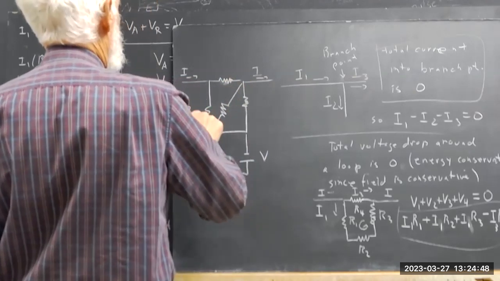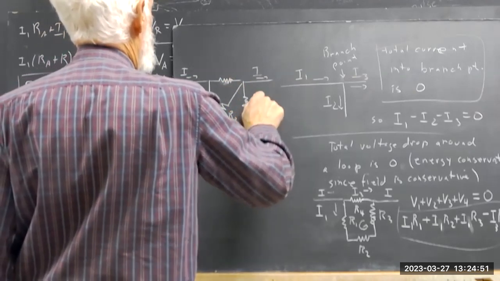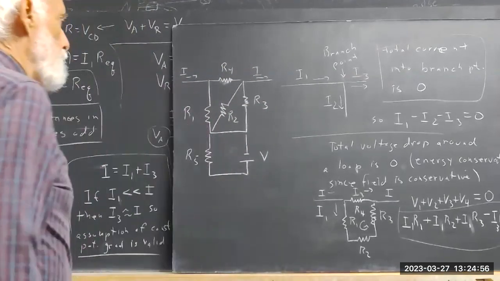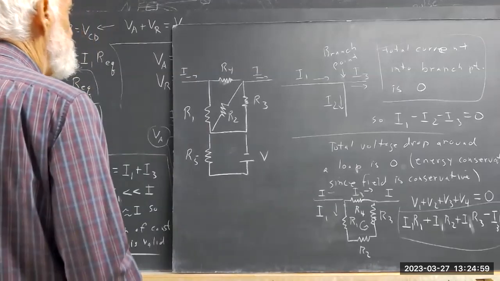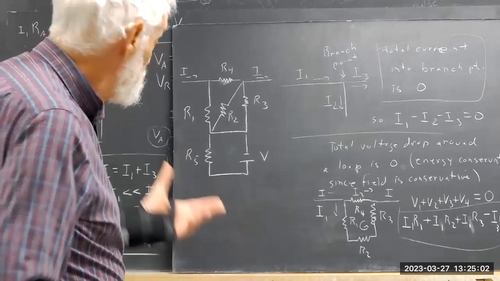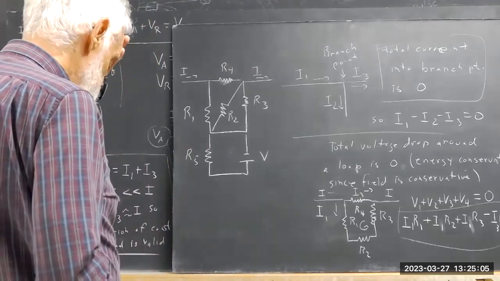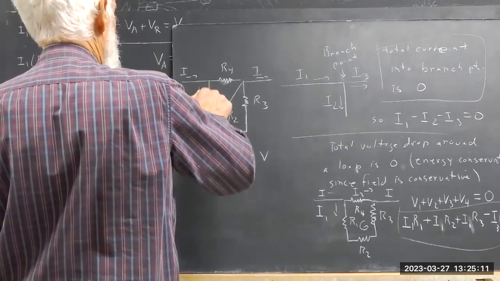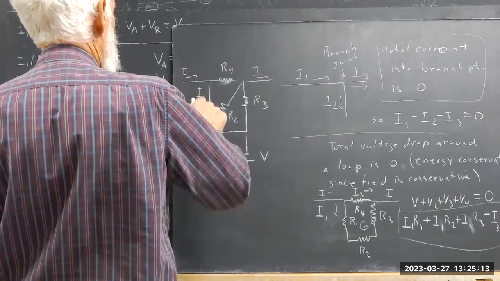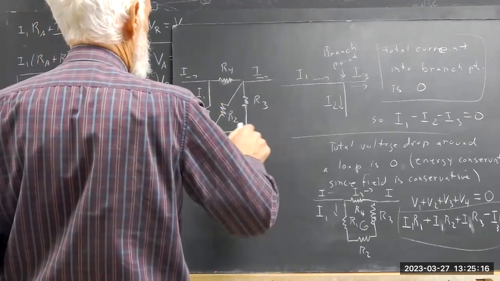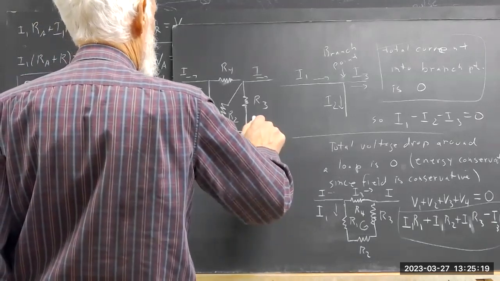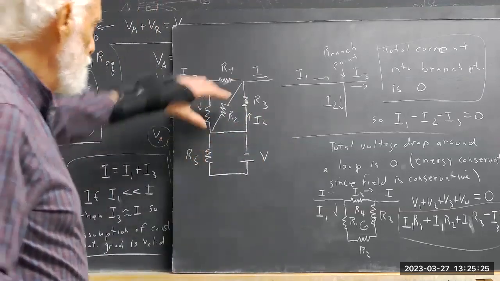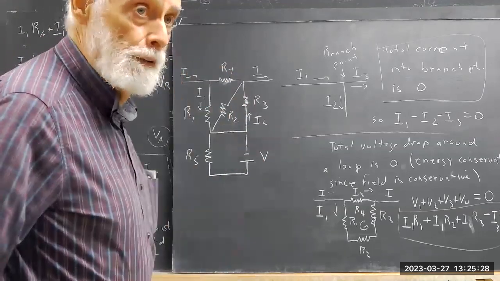Well, let's put some subscripts on these. To analyze this circuit, you've got to say, well, let's see. I've got some current I1. I've got another current I2 here, not equal to I1 anymore because current's branching off here and here.